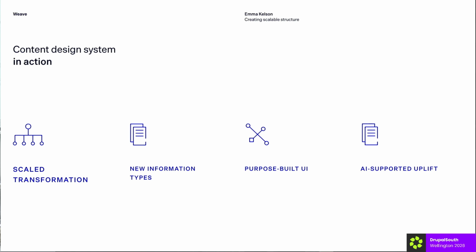The UX team as well have been able to use our content patterns as content requirements to design new purpose-built components for the existing system. Some of the content patterns or page patterns we created were really quite big. Something like a service summary, there's actually just a ton of information that you have to communicate.